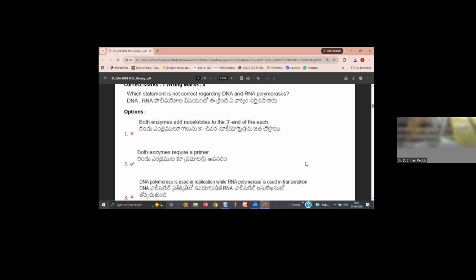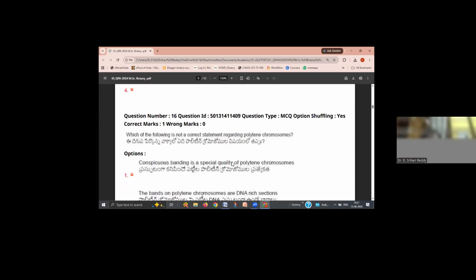That is also a right statement. So since they are asking for the wrong one, we have to choose the second one: DNA polymerase requires the primer, but RNA polymerase does not require the primer. So that is the option we have to keep.